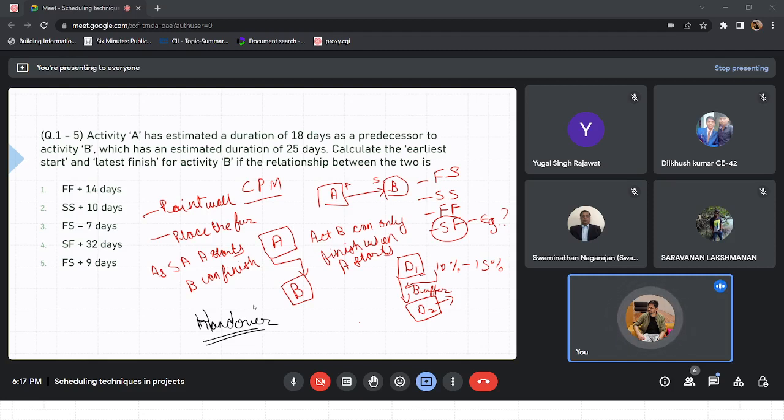I hope you get an idea of this situation. Can you think of any other example now with the term handover?